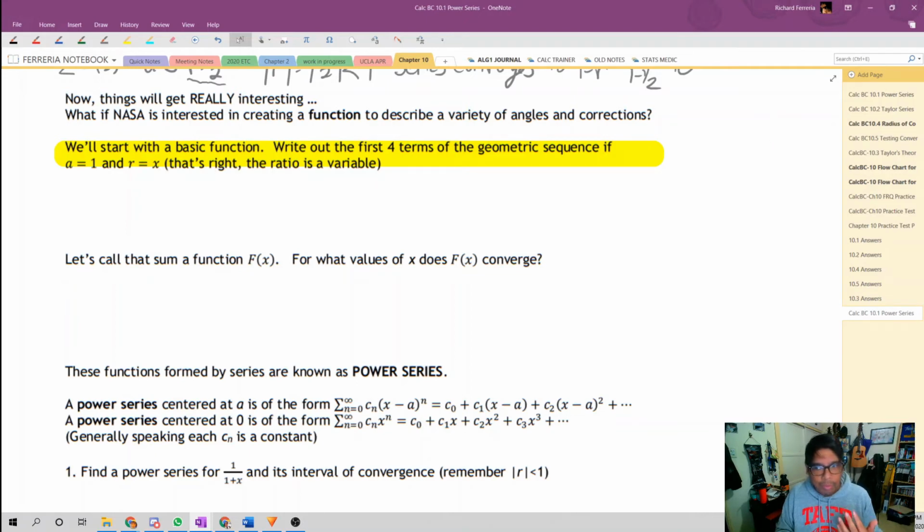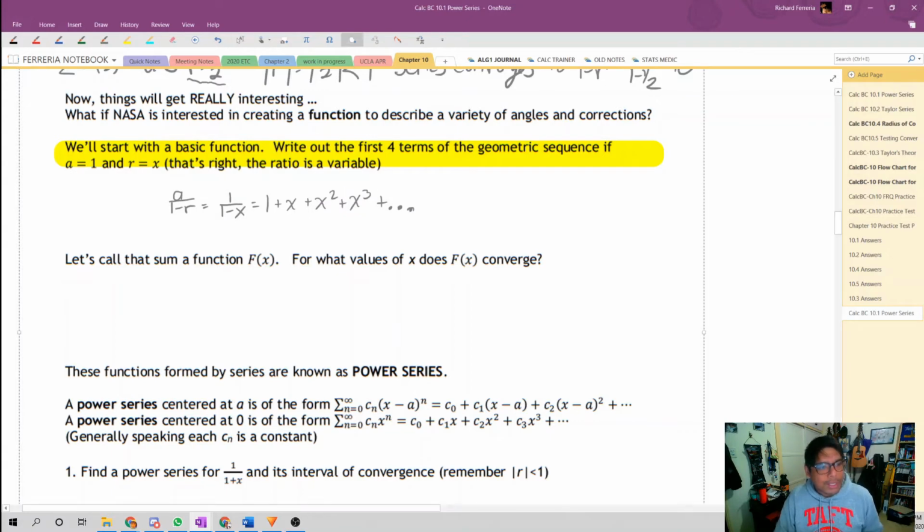So the ratio that we're using is a variable. That's the interesting part here. So look what we do here. We've got a over 1 minus r, which is the same thing as 1 over 1 minus x, which is the same thing as 1 plus x plus x squared plus x cubed.